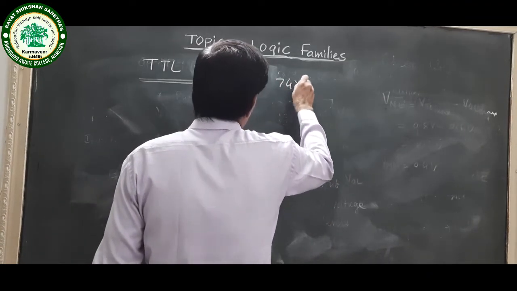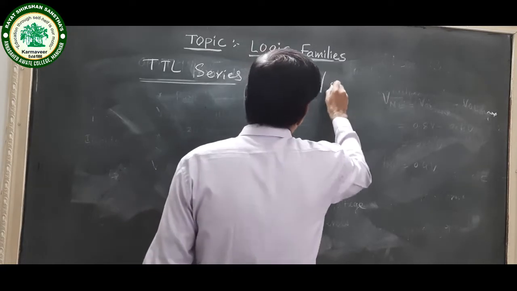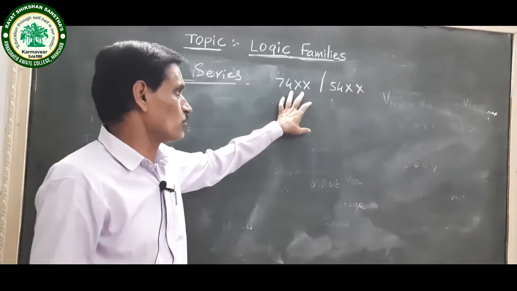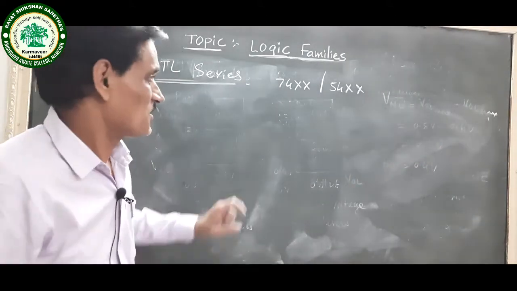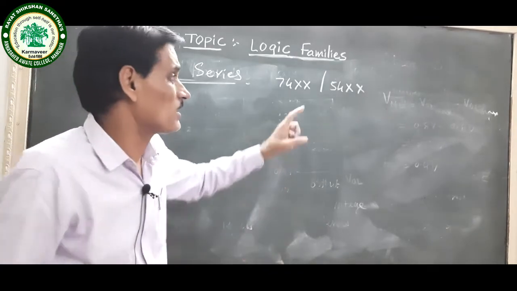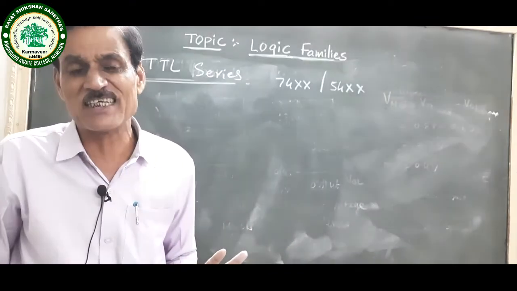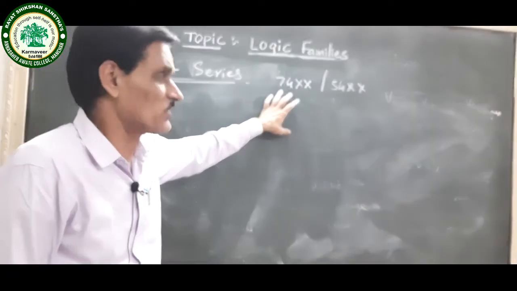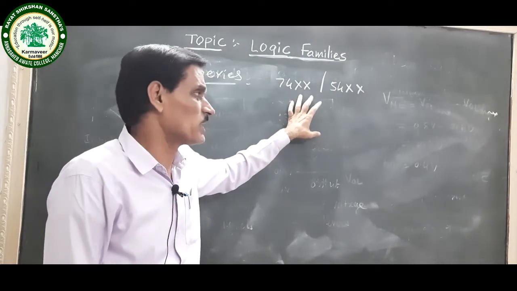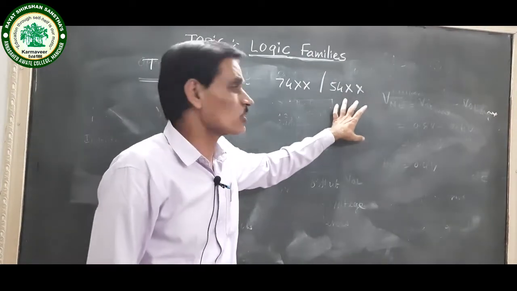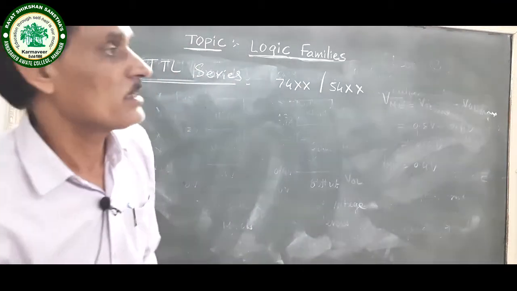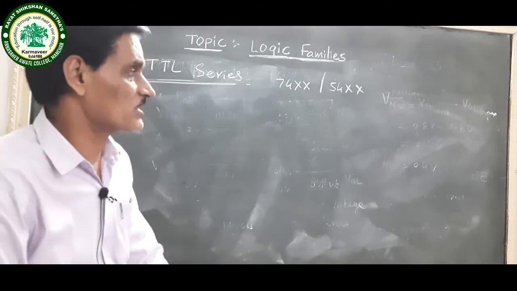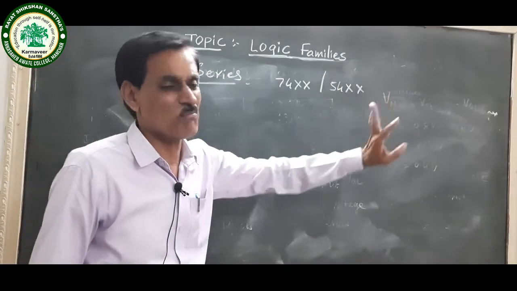One is known as the 74 and another is the 54 series. Already I have told you the 74 and 54 series have the same functional nature; the only difference is in the operating temperature range. 74 series ICs operate in the range of 0 to 70 degrees Celsius, known as the consumer and industrial range. On the other hand, the 54 series temperature range is from minus 55 degrees Celsius to plus 125 degrees Celsius, known as the military range.